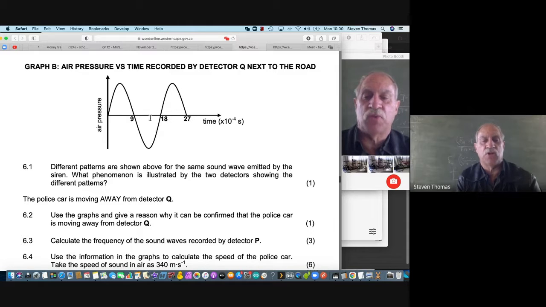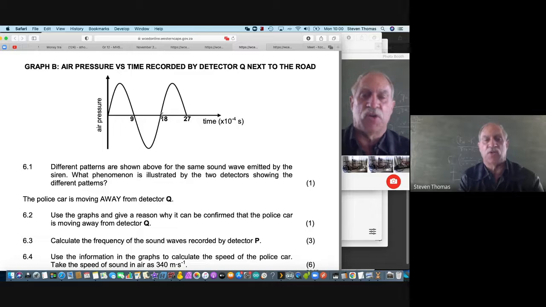So because the period is longer, the frequency is shorter, the inverse relationship between period and frequency. And because the frequency is less, it shows that it's moving away.